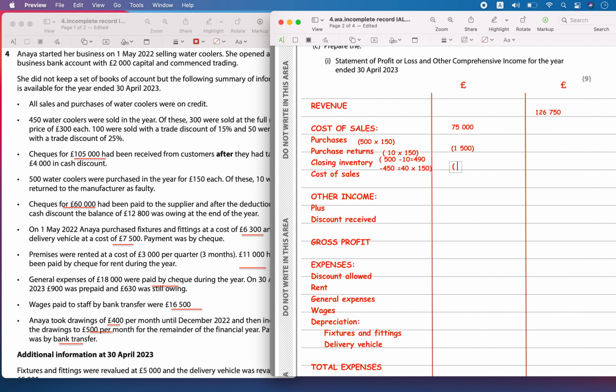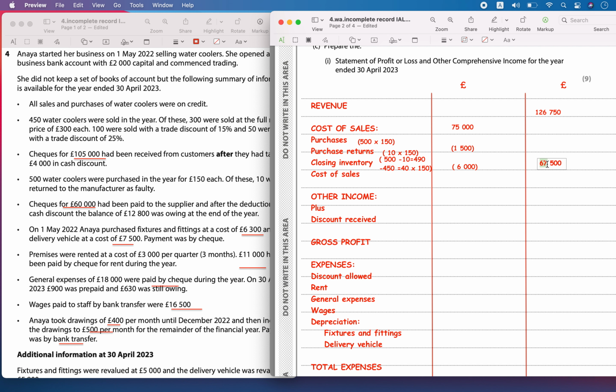That value is going to be equal to 6,000 pounds. Next, cost of sales. If you add 75,000 minus 1,500 minus 6,000, that is 67,500.